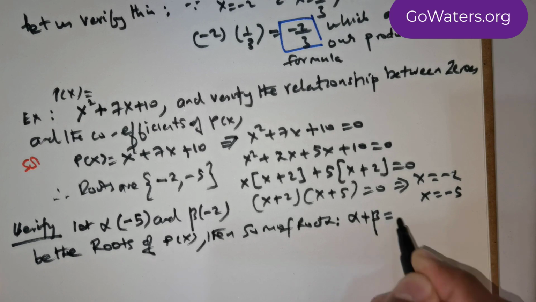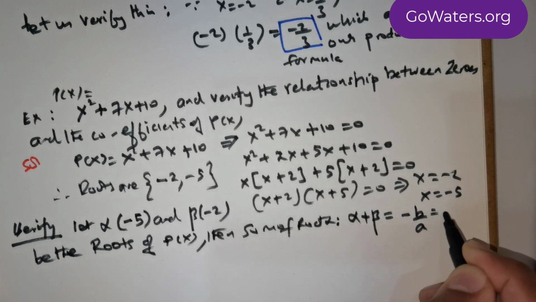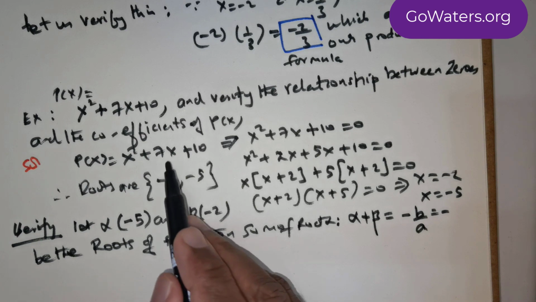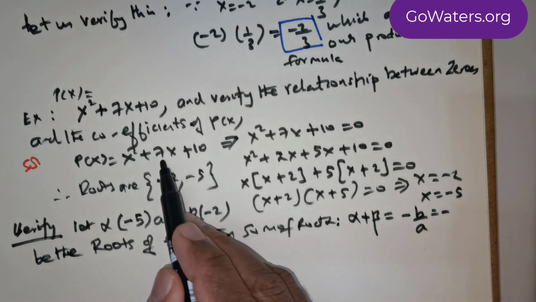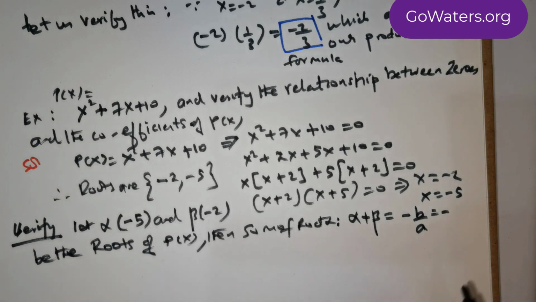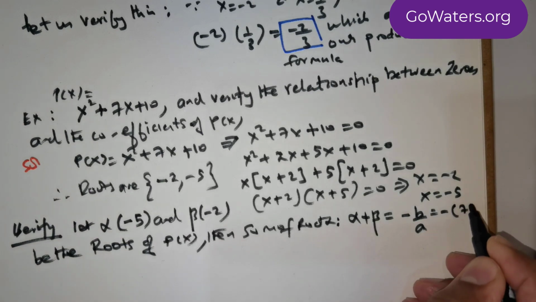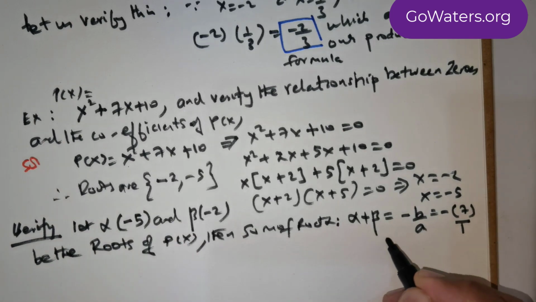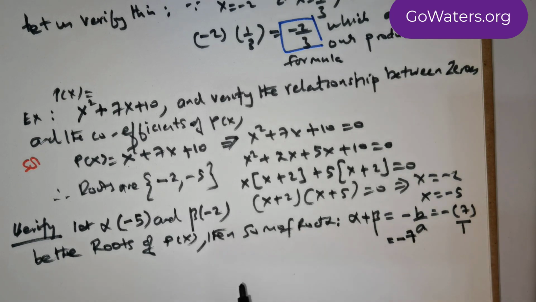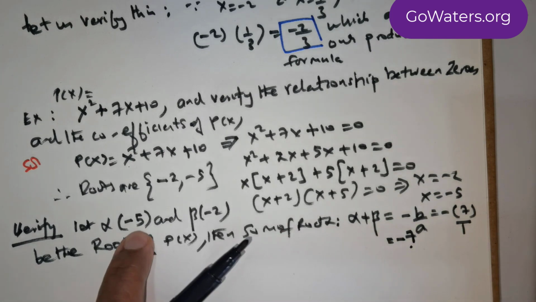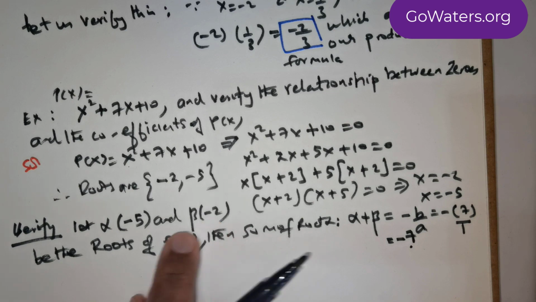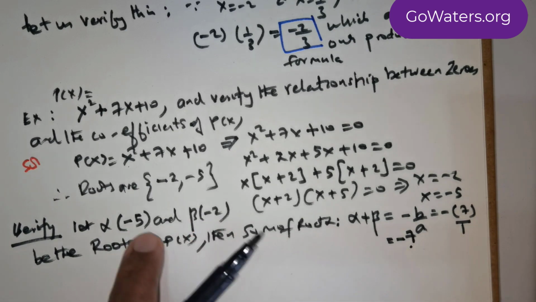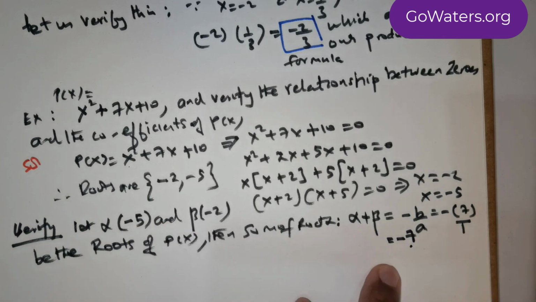Alpha plus beta is given as negative b over a, which is nothing but, what is my b? In other words, the coefficient of x is 7 and a is 1, which is equal to negative 7, right? Now if I were to take the value of alpha as negative 5 and beta as negative 2, negative 5 added with negative 2 is exactly equal to negative 7. You're able to watch that?